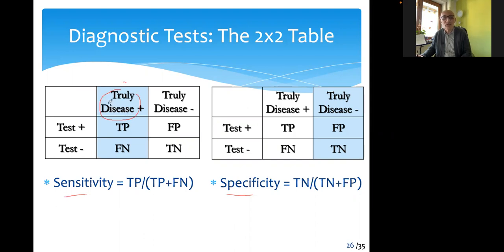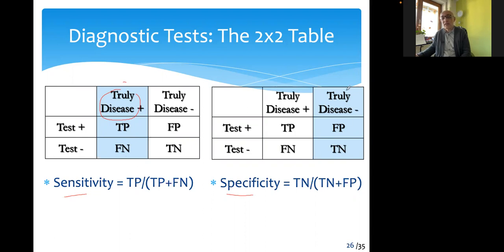The gold standard for diagnosing diabetes is nowadays, I think, the oral glucose tolerance test, isn't it? So by any means, you actually know who has the disease. And from those who have the disease, sensitivity means true positives divided by true positives plus false negatives.